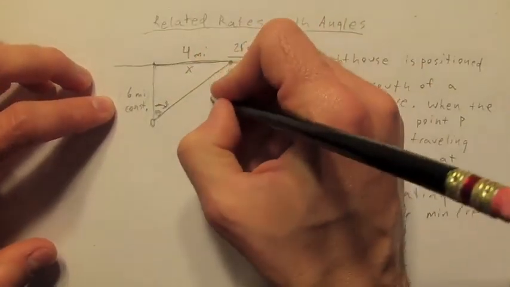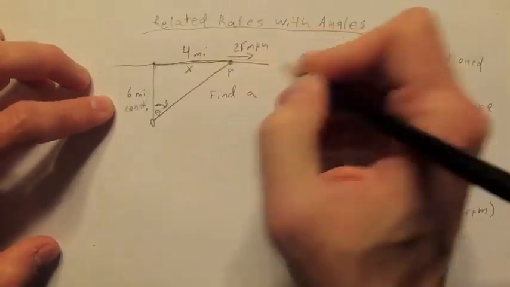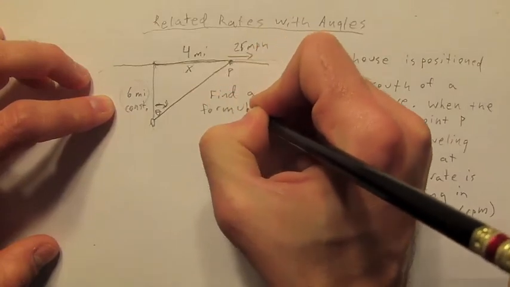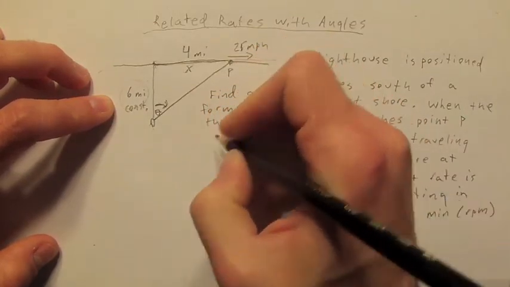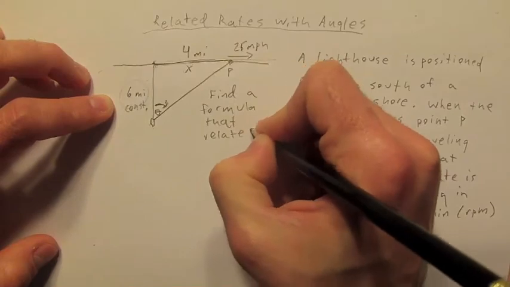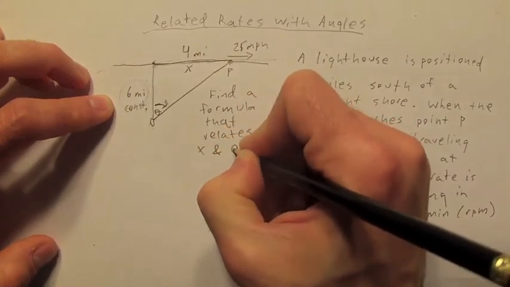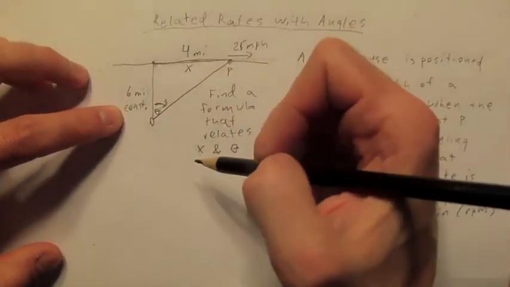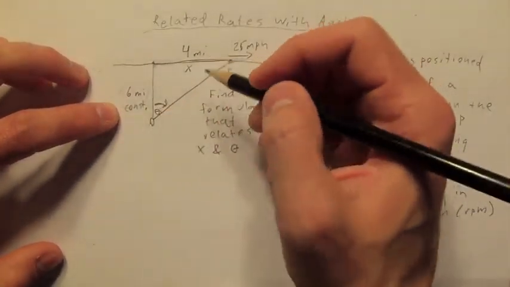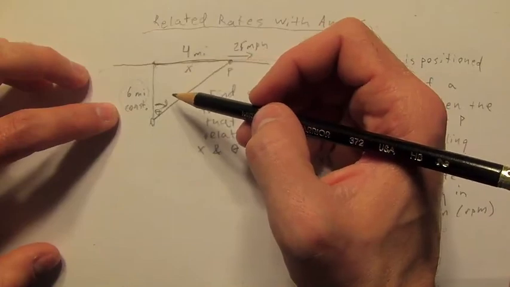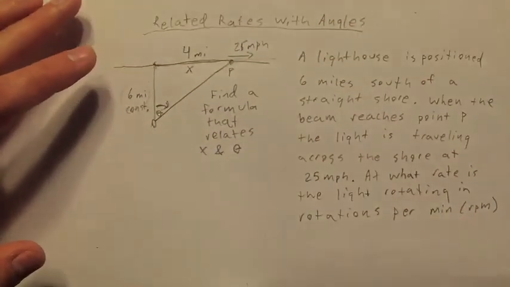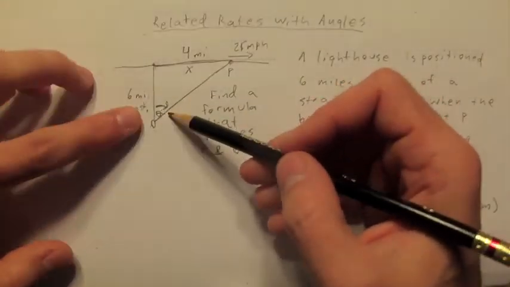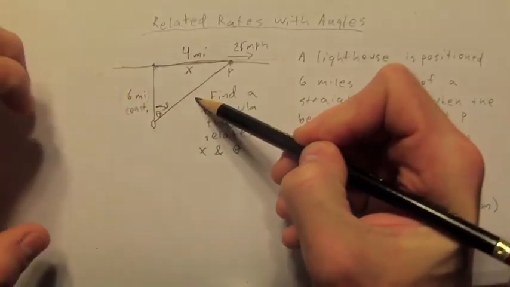So I want to find a formula that relates x and theta. And how we do that is we're going to use a trig function. Now, there are many trig functions out there. You might think, well, can we use sine? But sine uses a hypotenuse, and we don't know the hypotenuse.